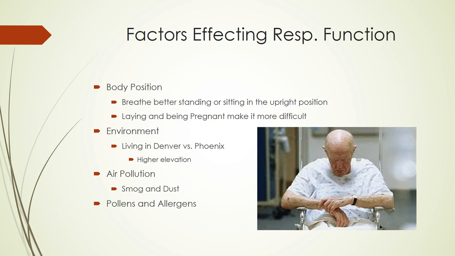Other factors that affect respiratory function is also environment. So I put down here as an example living in Denver versus Phoenix. Denver has a very high altitude, so those who live there, because the air is thinner, their body tends to, based on homeostasis, produce more red blood cells.